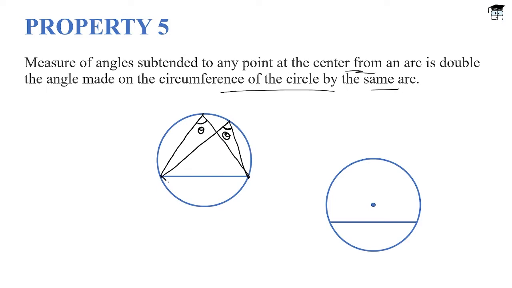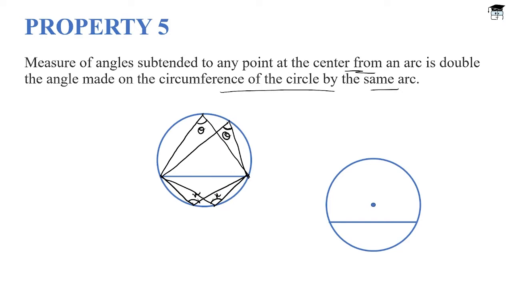If I draw an angle in the minor segment, this would be x. If I draw another angle here, this will also be x.